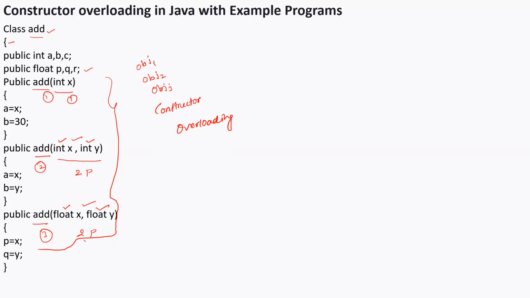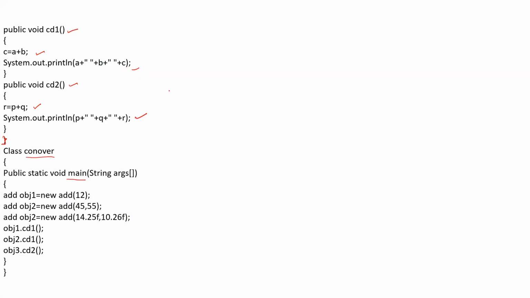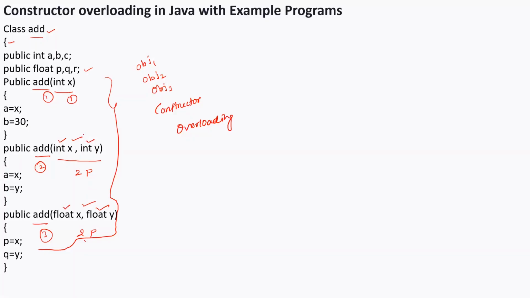So totally I need to create three objects. Now you can see add obj1 equals new add of 12. When I say new add of 12, the cursor goes to the constructor with only one parameter, where the x value will be stored with 12, a equals 12 and b equals 30.